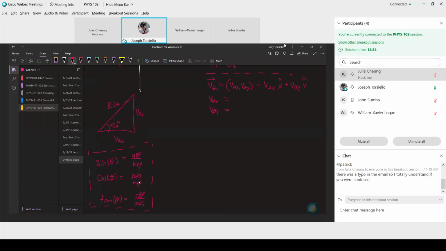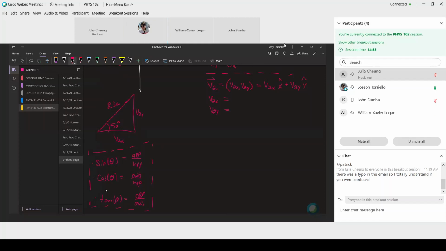The adjacent length is what we want, and we have the angle and the hypotenuse of the triangle. So if we want the adjacent length and we have the hypotenuse and the angle, which trigonometric identity do you think we would use? Just unmute if you think you know. If we have the hypotenuse, the angle, and we want to find the adjacent, we would need to use cosine.